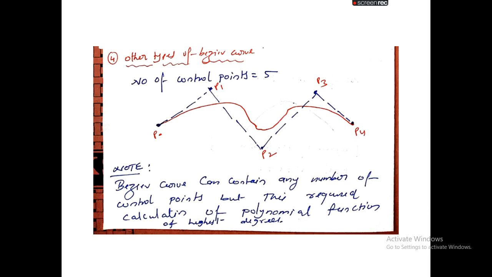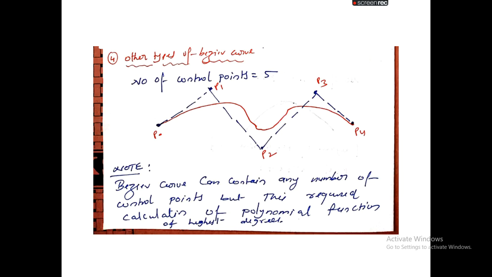That is, in your curve, if you specified n control points, then you calculate a polynomial equation of degree n minus 1. That will give the highest degree of the polynomial equation.